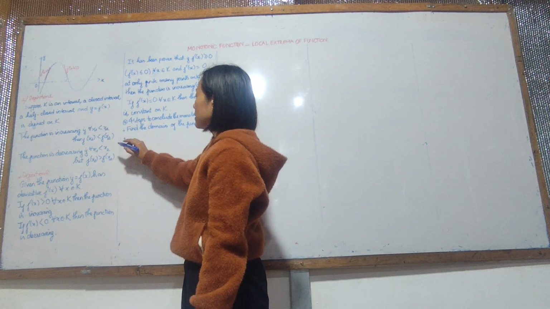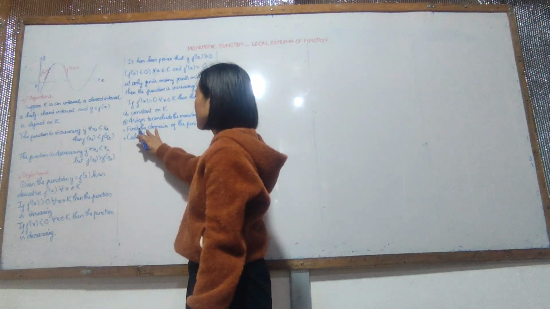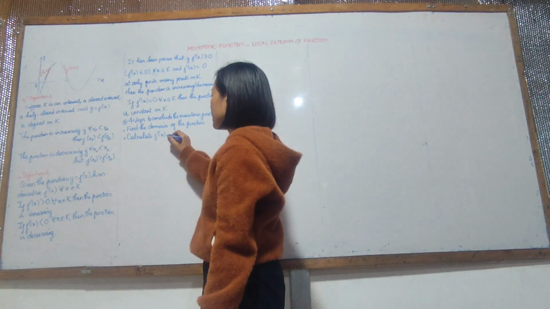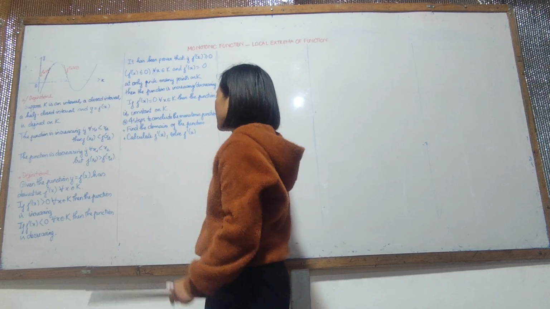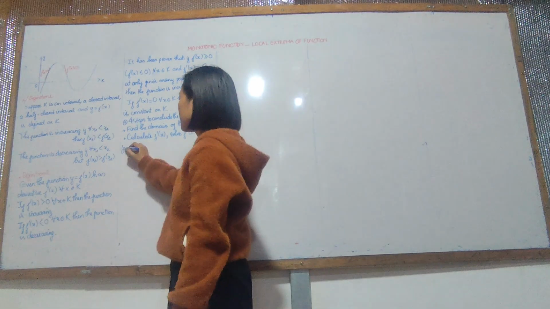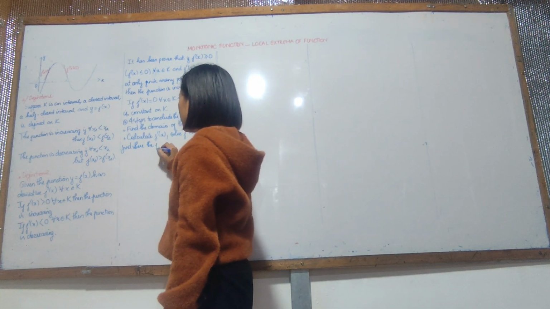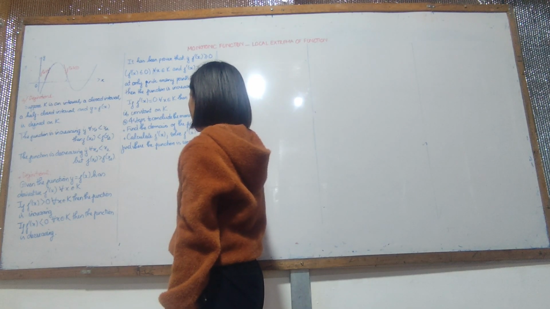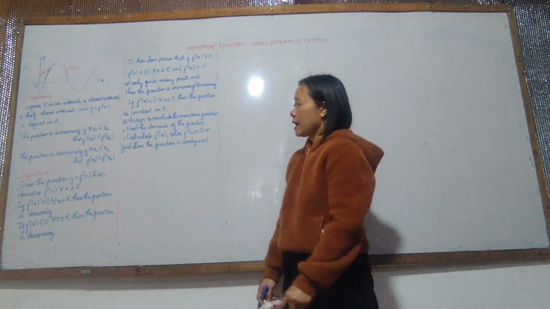Number 2, we will calculate the derivative f prime of x and then solve the equation f prime of x equals 0, or find where the function is undefined. Okay, and step 3.